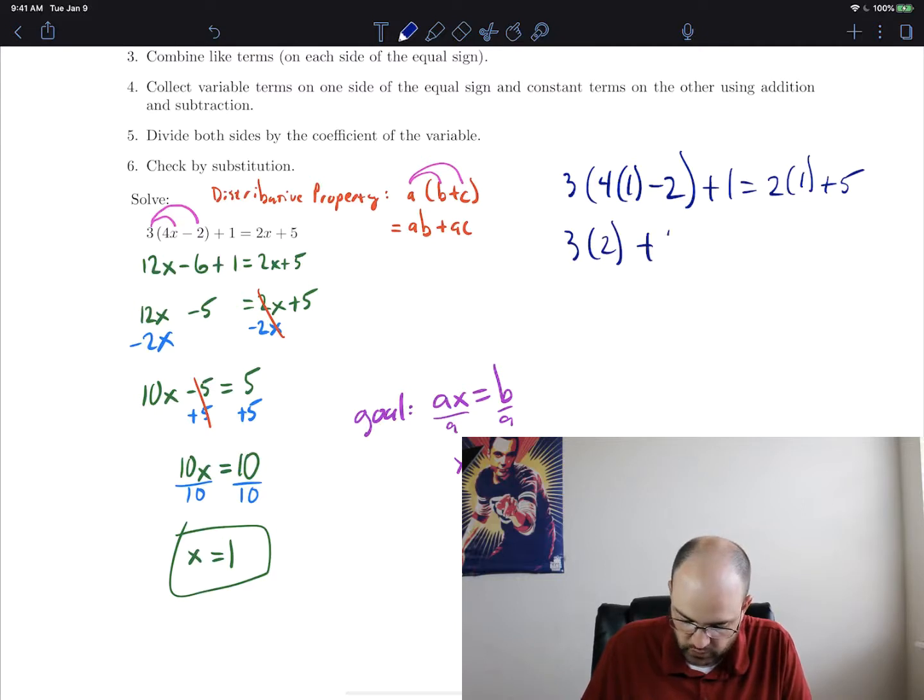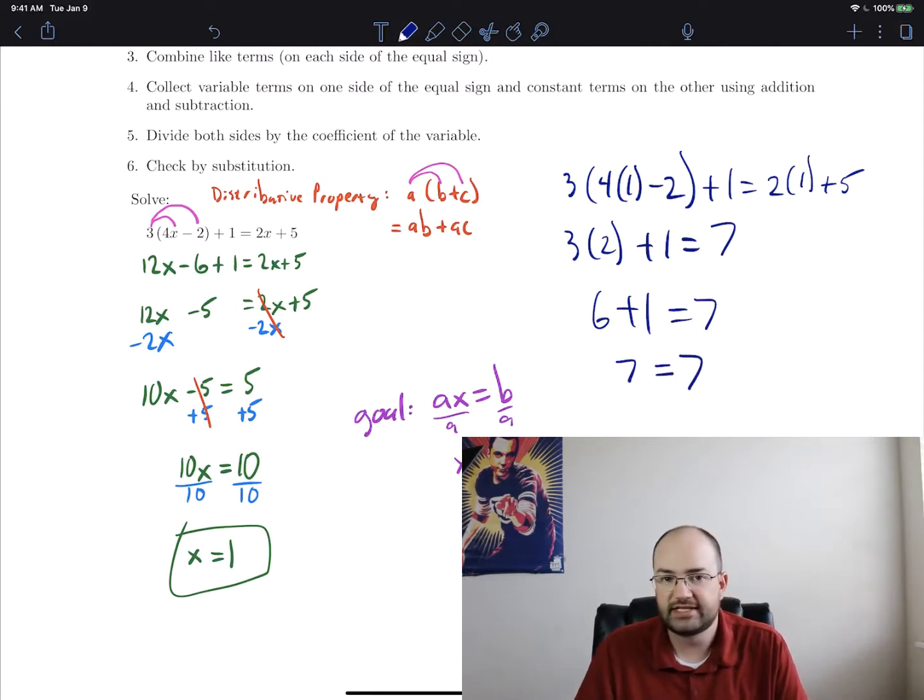And then plus 1 there. And then on the right-hand side, 2 times 1 is 2. Plus 5 is 7. 3 times 2 is 6. 6 plus 1 is 7. So we get 7 equals 7. Notice that 7 does in fact equal 7. That's the reason that x equals 1 is the solution to this equation.